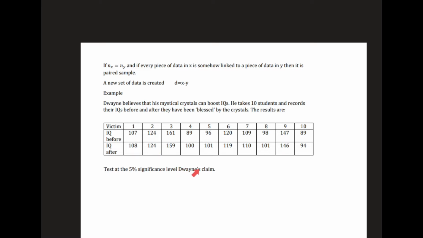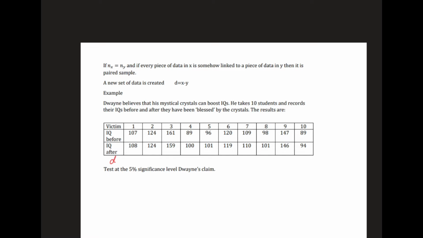Based on the information here, we need to create a new set of data by using d equal to x minus y. So I put d here as the new row. What we can do is just subtract. Which minus which? It doesn't really matter actually.